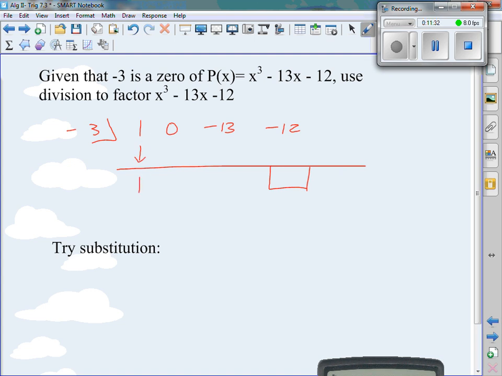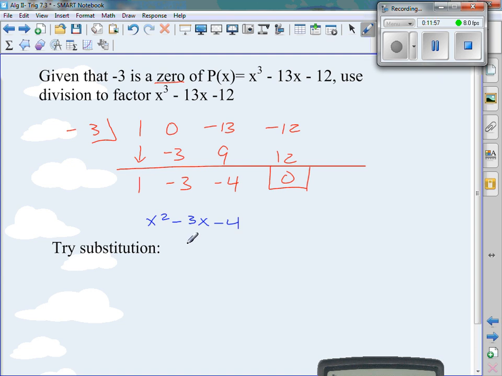Okay, 1, -3. -3 times -3 is 9, -4, 12, 12, 0. If it tells you it's a 0, you should get 0. What's the last one? X squared minus 3x minus 4.